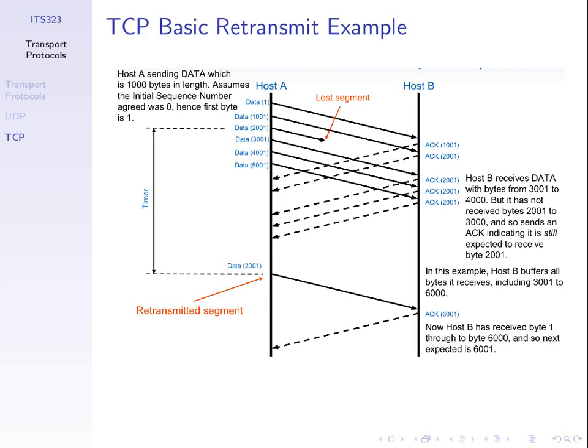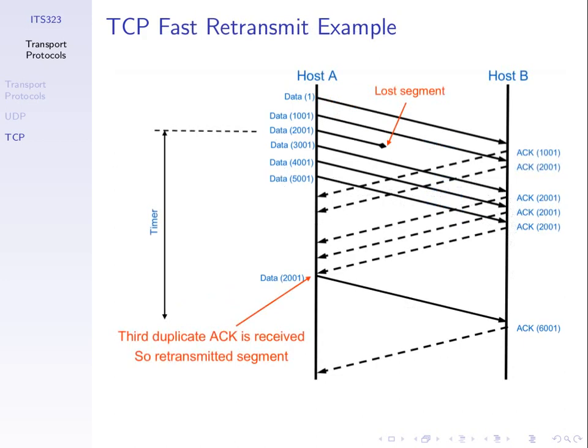So predicting the best value for the timeout is quite hard, and generally we make it larger than we actually need. The problem with a large timeout period is we spend a lot of time waiting before we retransmit, which can be very inefficient. So waiting for a timeout to force a retransmission can lead to bad performance in TCP. Which leads us to an optimization called fast retransmit.